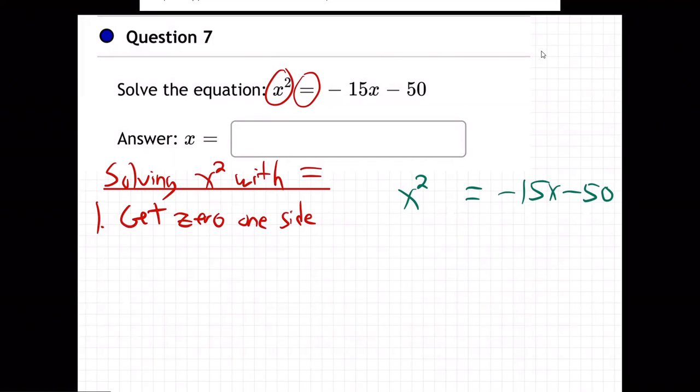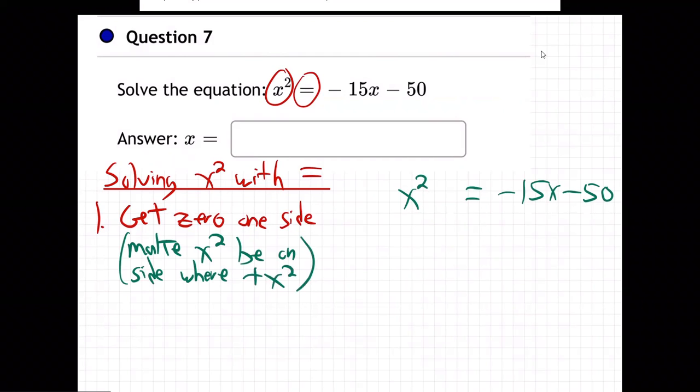Get a 0 on one side and make x squared be on the side where it's positive x squared. Now, what do I mean by that? Let me show you that in specific.